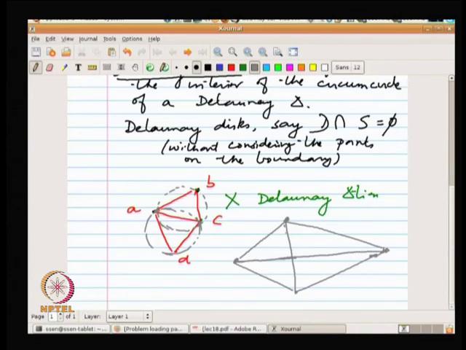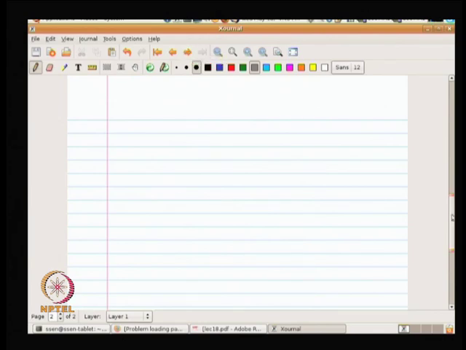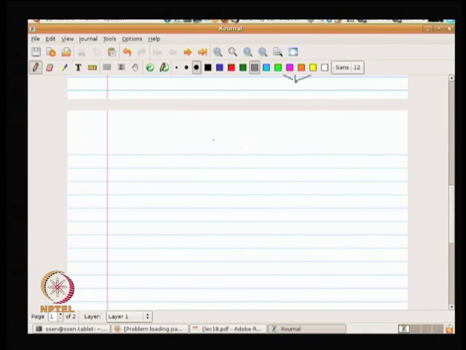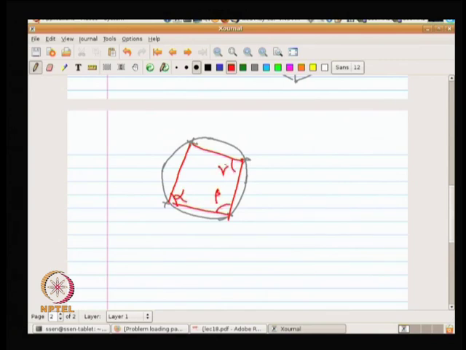Well, if you think about it, the underlying property is that if the 4 points lie on a circle, so if I take a circle and put 4 points on it, then from our knowledge of high school geometry, let's call these angles alpha, beta, gamma, delta.